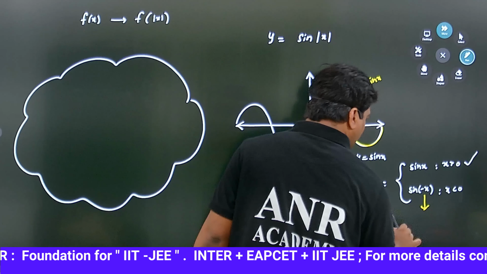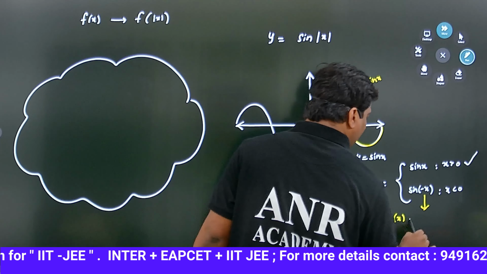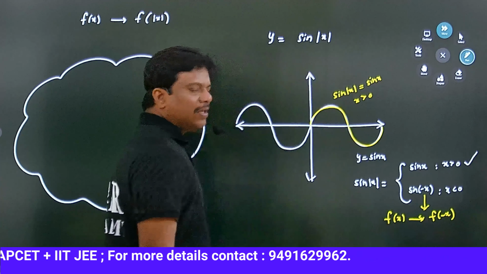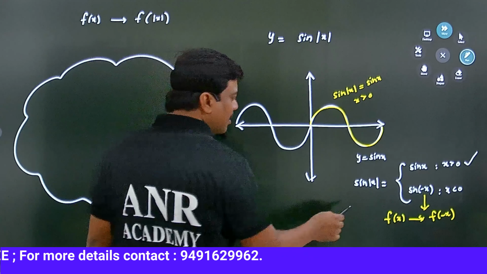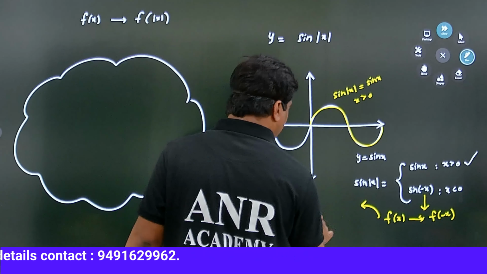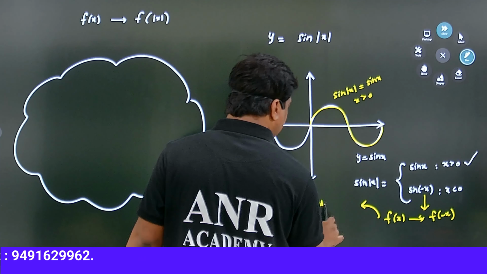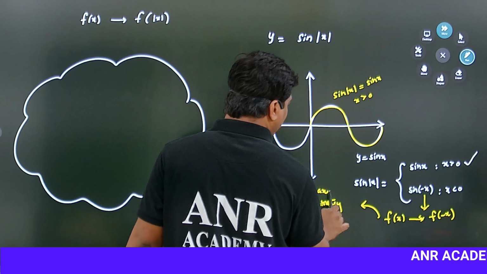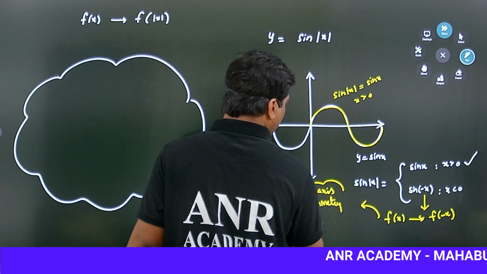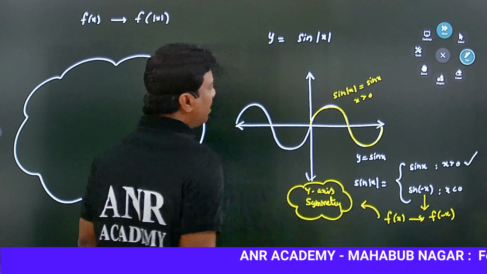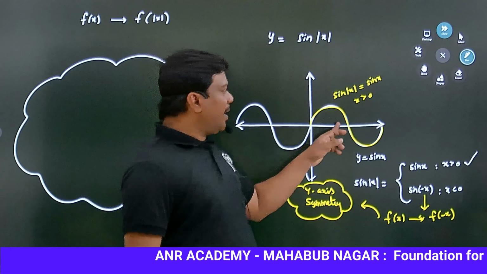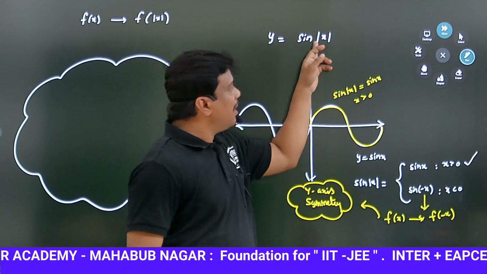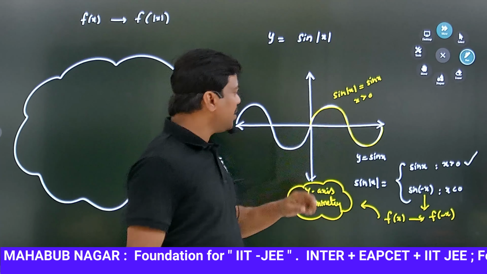here we are going to apply the transformation f of x to f of minus x. F of x to f of minus x says that you have to draw the graph symmetric about the y-axis. It is y-axis symmetry in this transformation. Why? Because if you write x value pi, it is 0. If you write minus pi, also sin pi becomes 0.